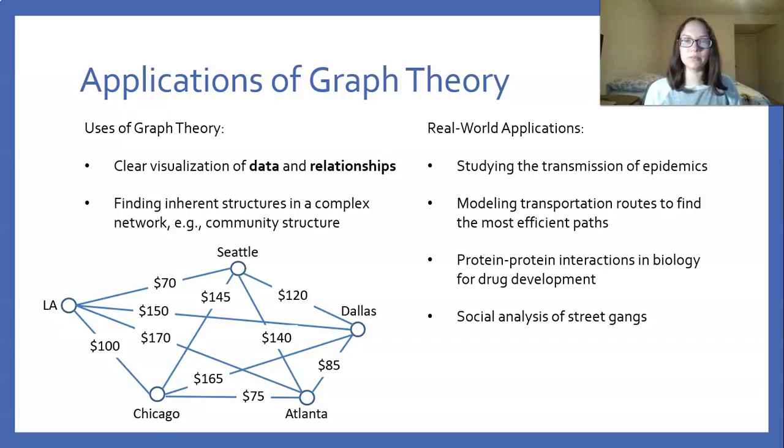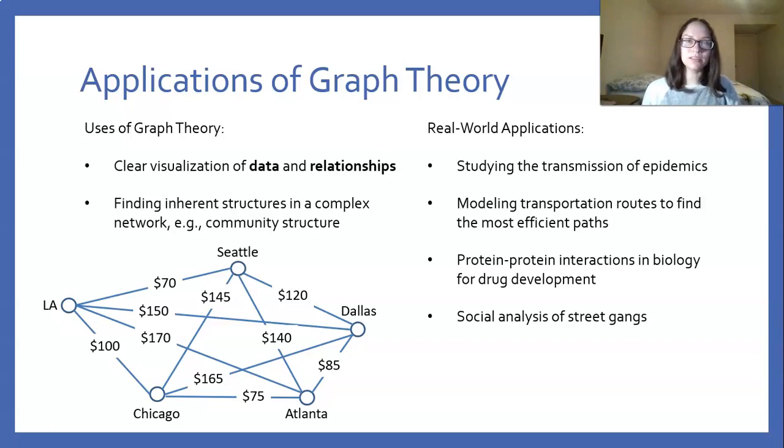So we've also got some real-world applications listed here. The first one we mentioned is studying the transmission of epidemics, which is a hot topic right now. You can model a social network of people, and you can show the relationship between two people where one person may transmit the virus to another person, and then that person may transmit it to another person, and it goes all the way out.